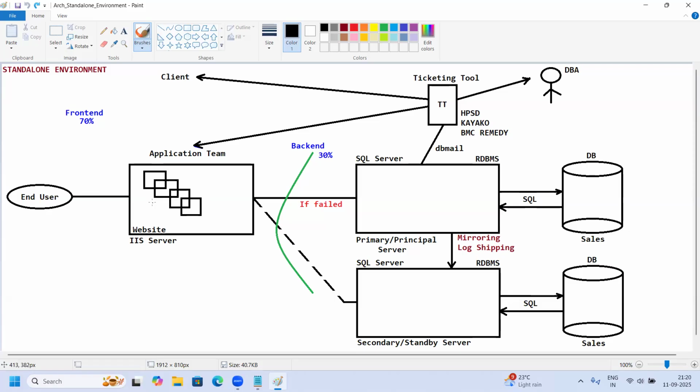To record that information, we are provided with one database. And that database is created by SQL Server, which is your RDBMS-based product. I have a database called the sales database that may have some tables in it. And using SQL queries, information is recorded.